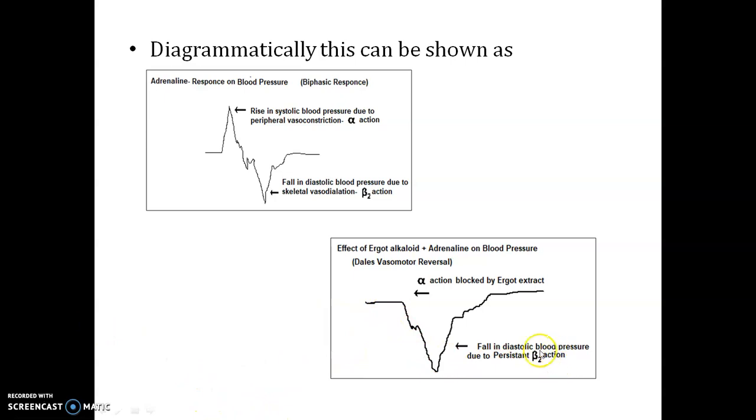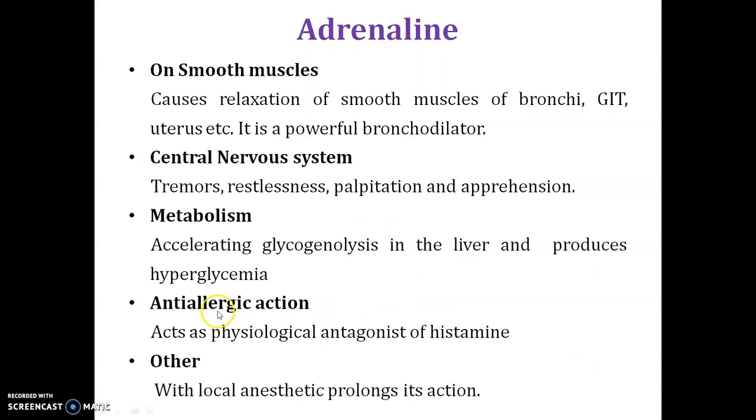But as the beta receptors are not blocked, adrenaline will directly act on the beta receptors present in the skeletal blood vessels, which results in dilation of skeletal blood vessels, due to which the blood pressure decreases. So here, the biphasic action, that is, a rise in blood pressure followed by a fall in blood pressure, is converted to a fall in blood pressure only. So the action is reversed, and this effect was first observed by scientist Dale, and hence it is called Dale's vasomotor reversal.